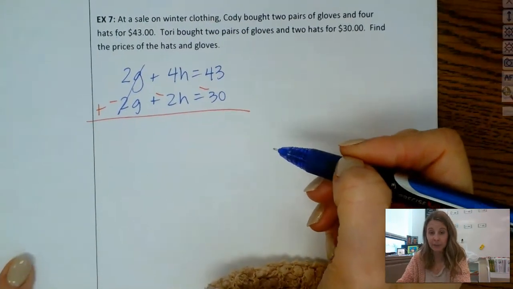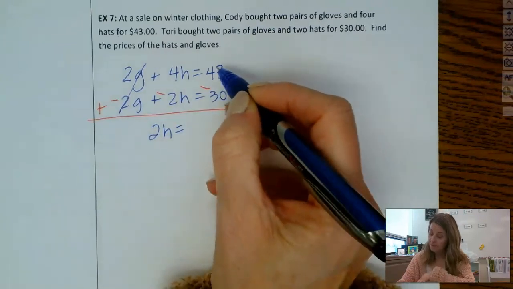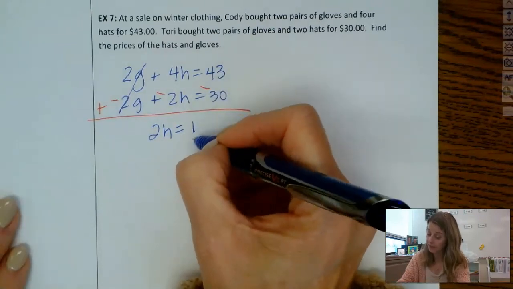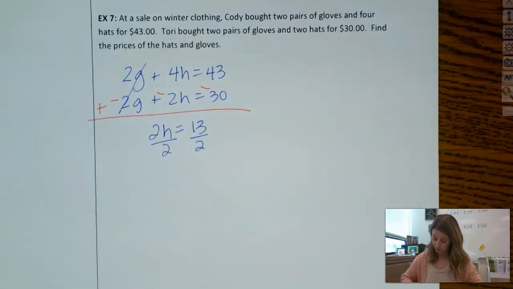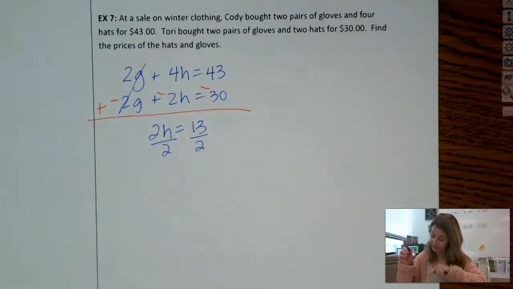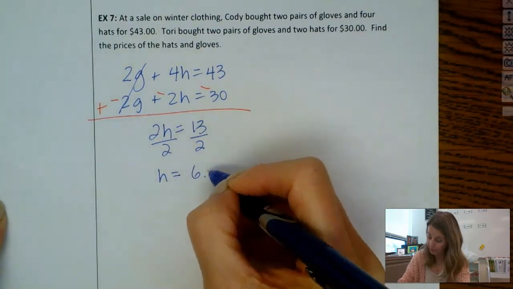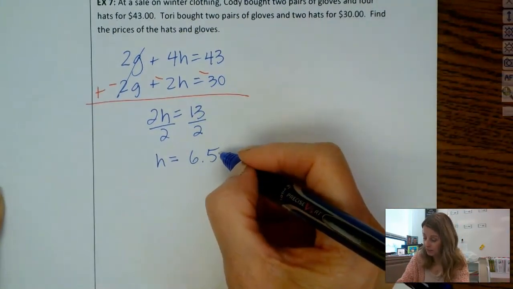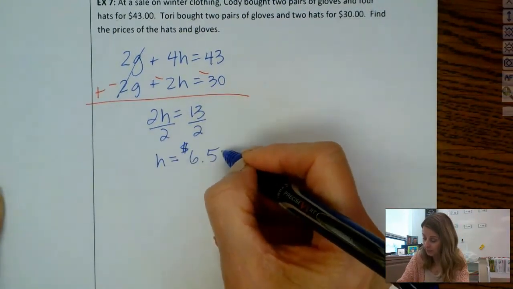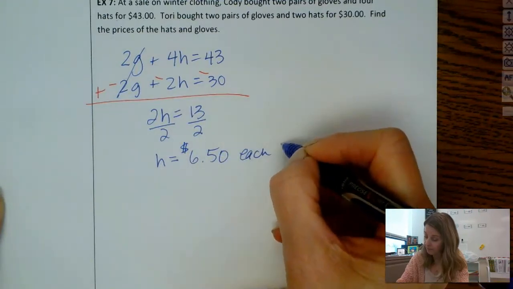That is now a 0. 4 minus 2 is 2. 43 minus 30 is 13. Divide by 2. Check that. I believe that's 7.5, 6.5. Glad I checked. All right, H is equal to 6.5. These are prices. So that means this is $6.50 each hat.